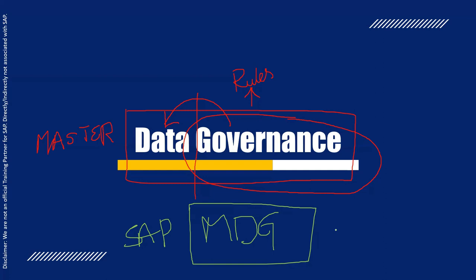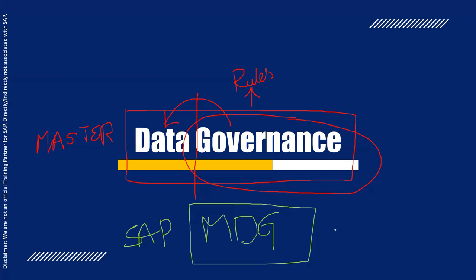Like I said, nothing is 100% perfect. Still, we could see some data errors though we are using MDG. But we can reduce the errors compared to a non-MDG landscape. We can control the impact of master data errors.